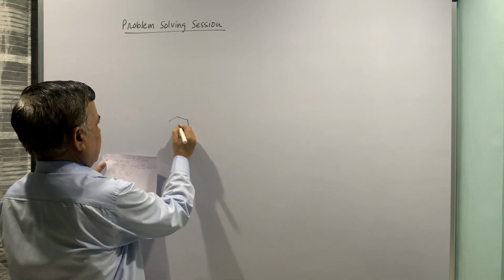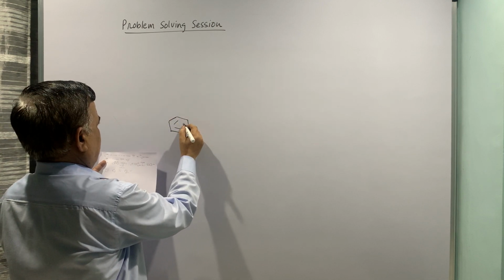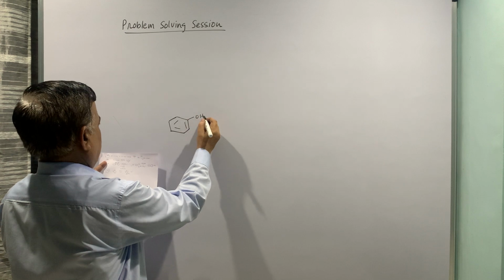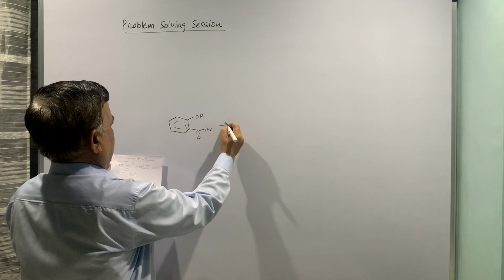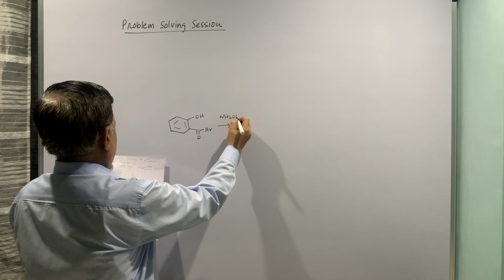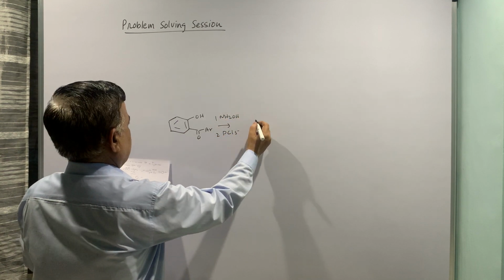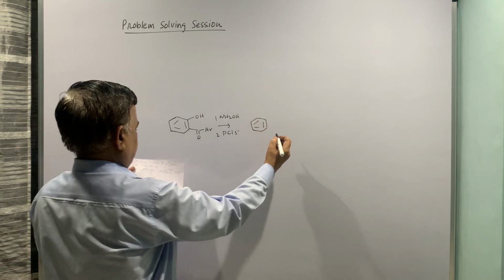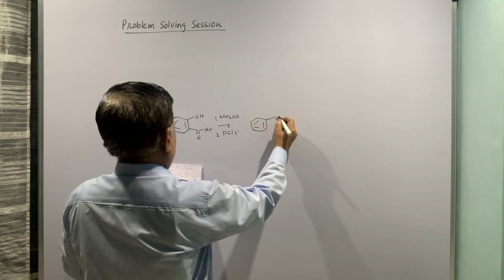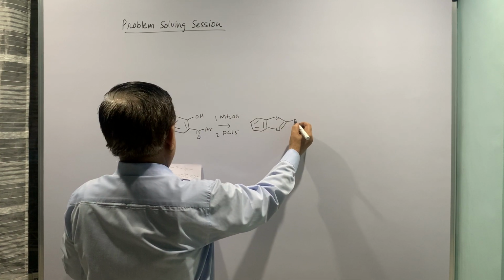Now, this is a slightly different example. OH, CO, Ar, NH2OH, PCl5. So, this is the first reagent, second reagent, and the product is given: N and then Ar.